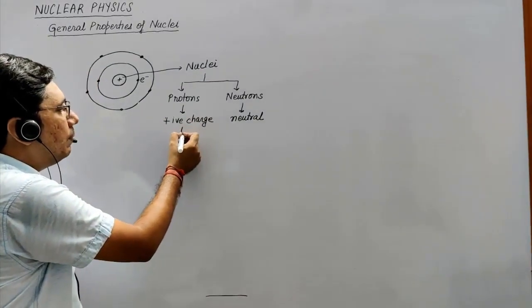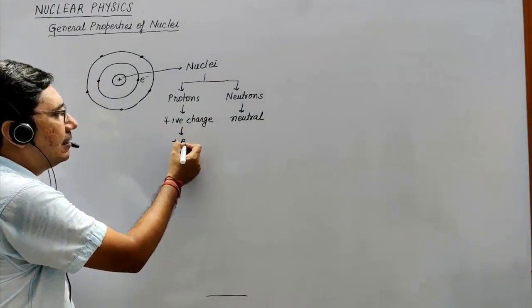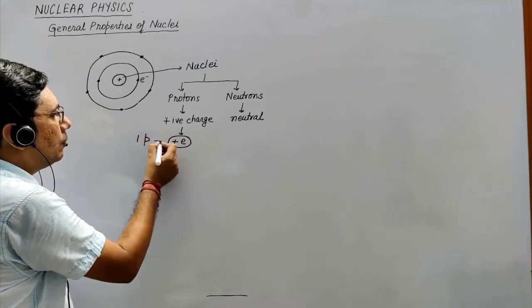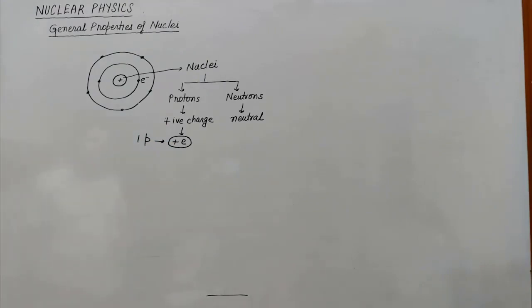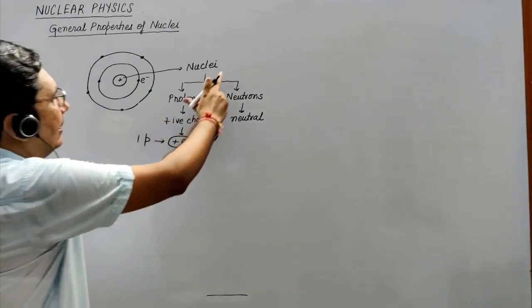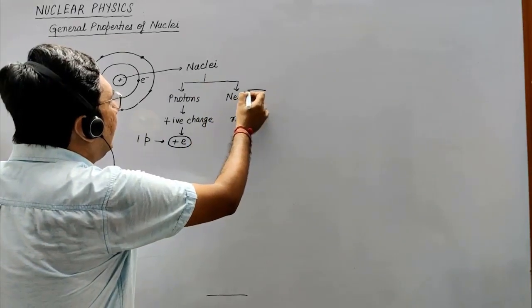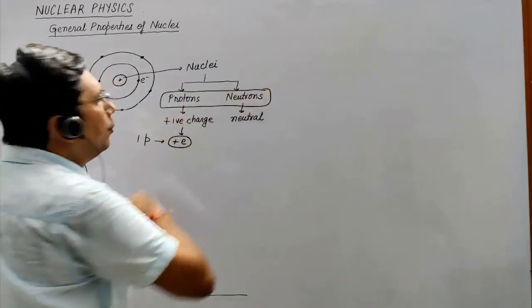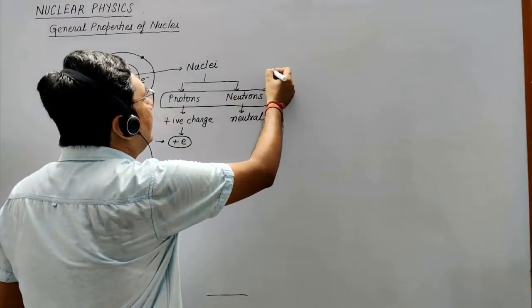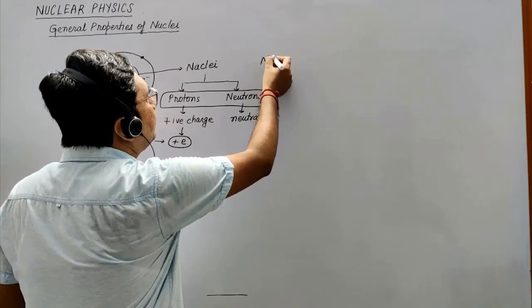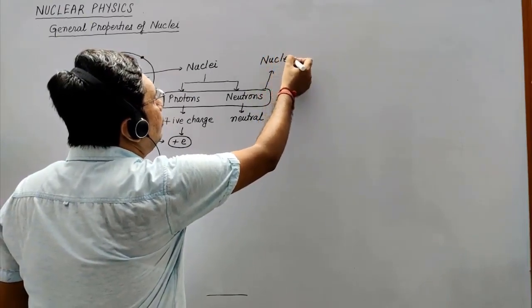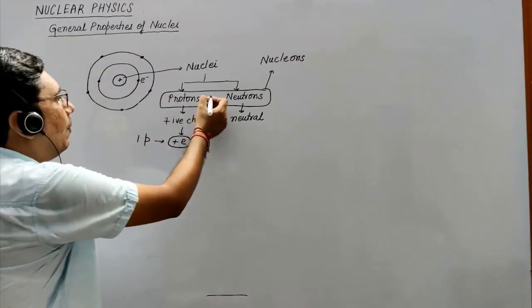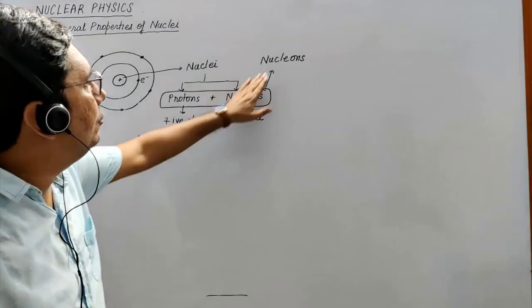One proton carries plus e charge. So there are two types of particles inside the nuclei, and together, proton and neutron are known as nucleons.